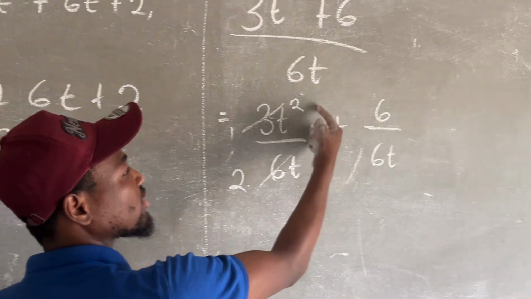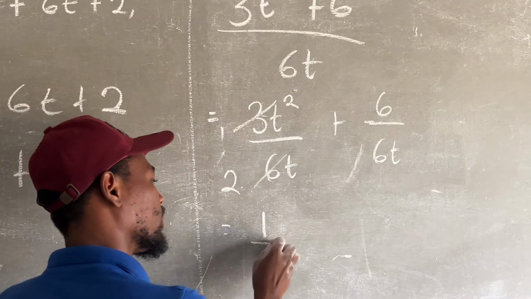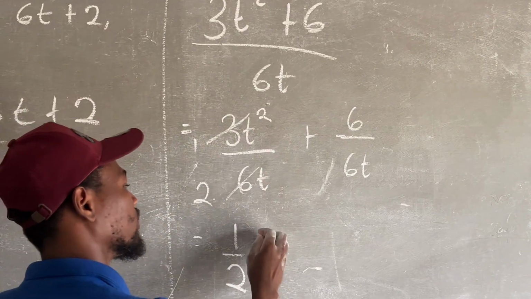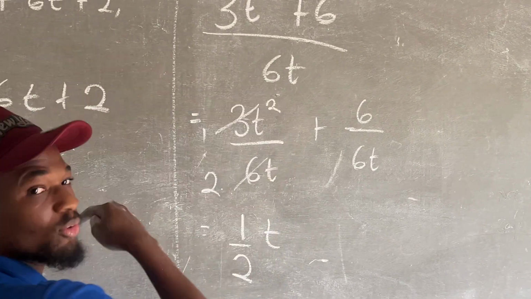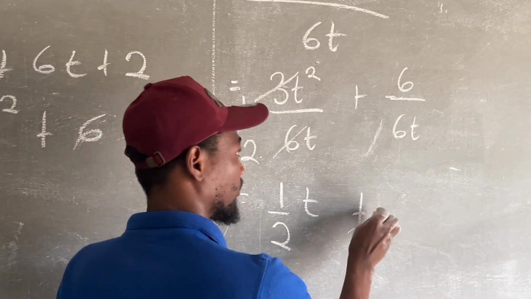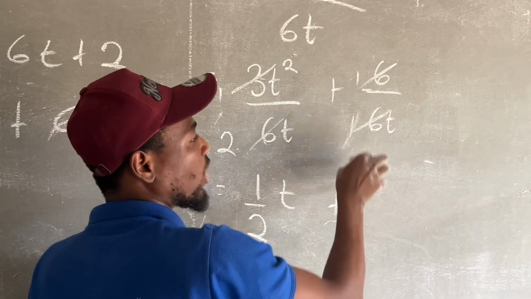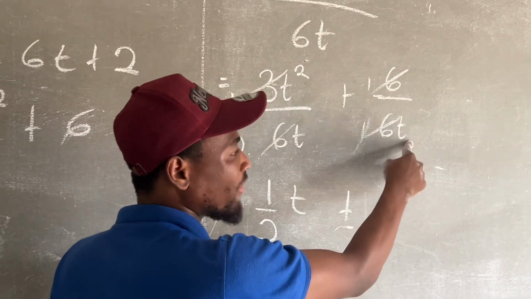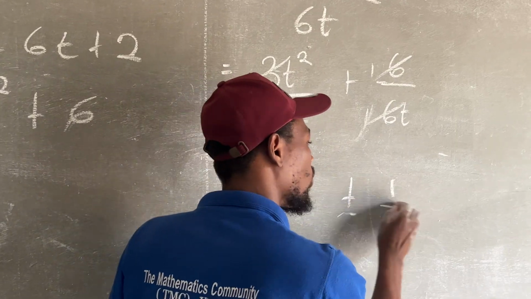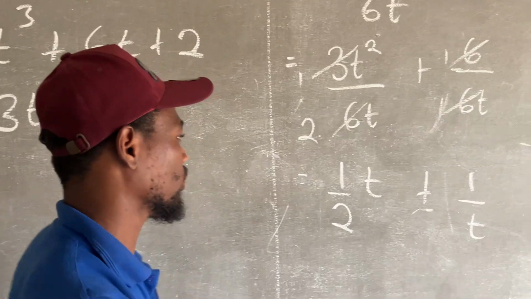This t cancels one of the 2 t's. So I have half, then 1t. Then this 6 divides itself once and the other 6 also once. So I have 1 over t. Viewers, this is the solution to that.